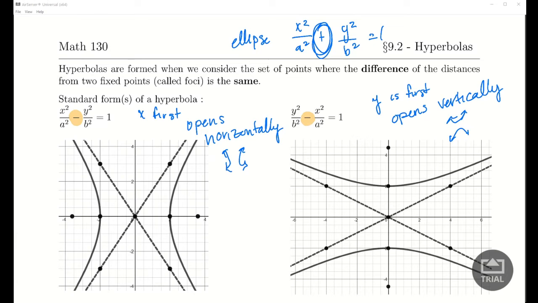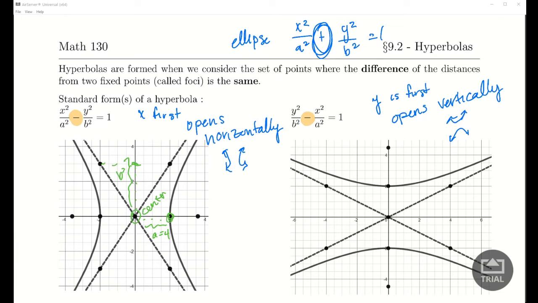So how we're going to do this is I'm going to show you what happened on this one. This is your center. You count out 1, 2, 3, 4 in the x direction. That's A, to get to that vertex. And count out 1, 2, 3, 4, 5, 6, 7 in the y direction. That's B equals 7 then.